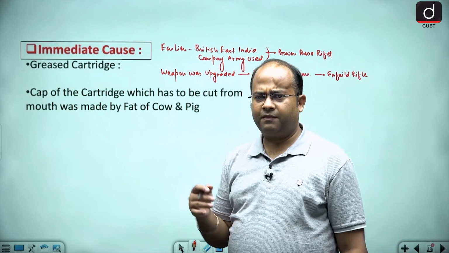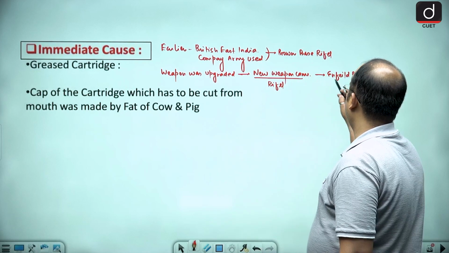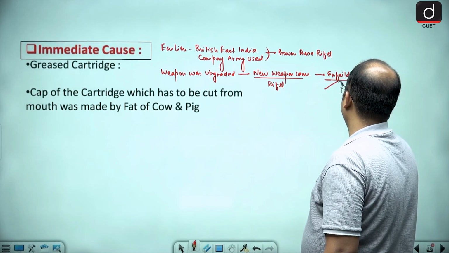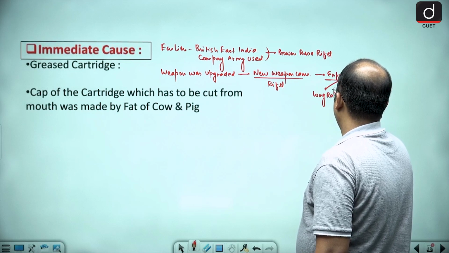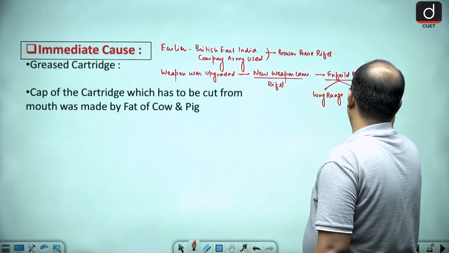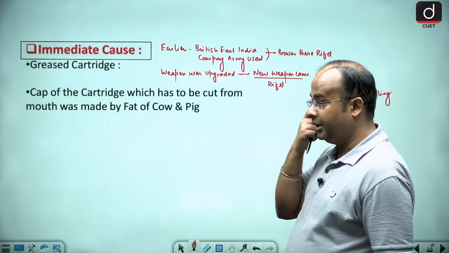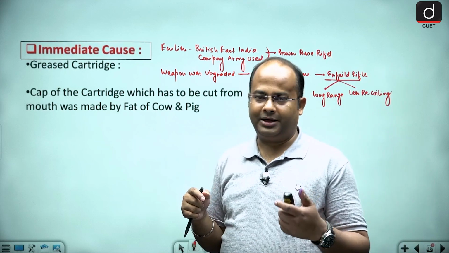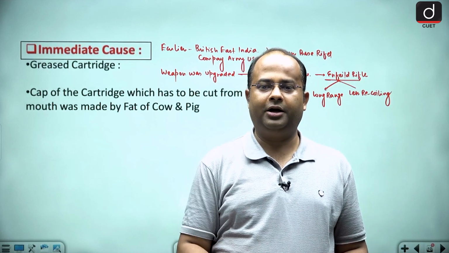Now guys, this Enfield rifle has a long range and less recoil, so it was better in use. Now what has to be done to fire the Enfield rifle?